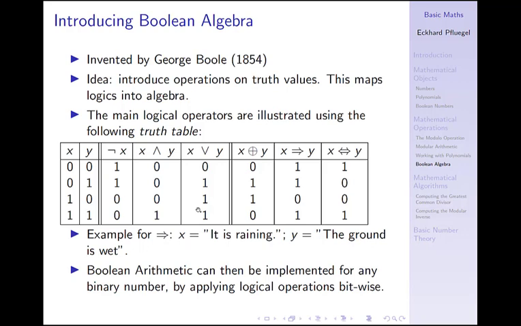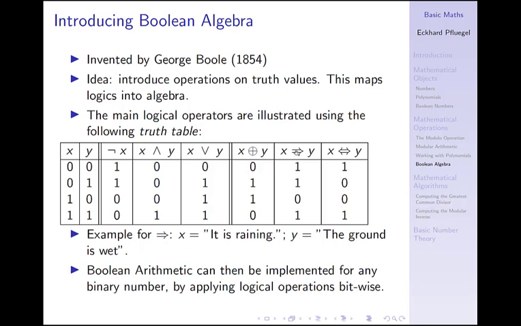So when we in day-to-day life say OR, we typically mean this OR, the kind of inclusive OR. But then sometimes it might be useful to exclude it, in which case you get these values here. So the exclusive OR will only return a true if there's exactly one input that is true and the other one is false.